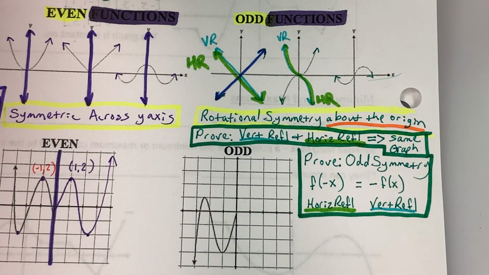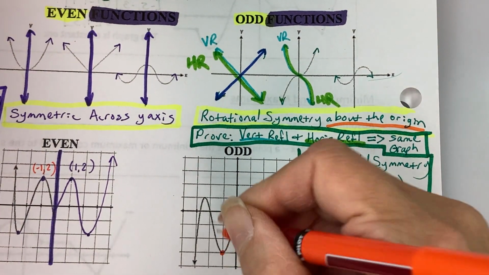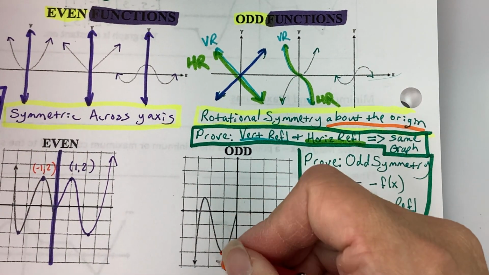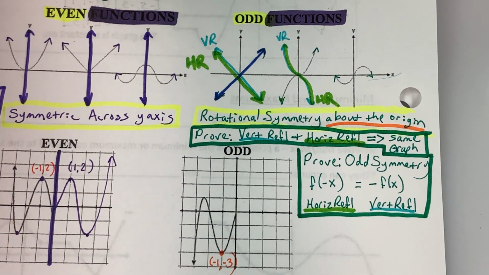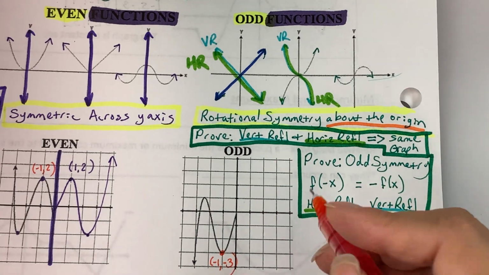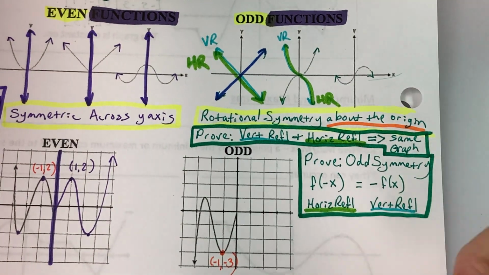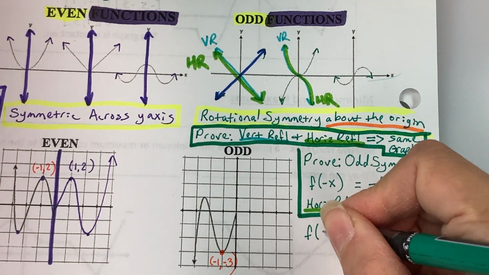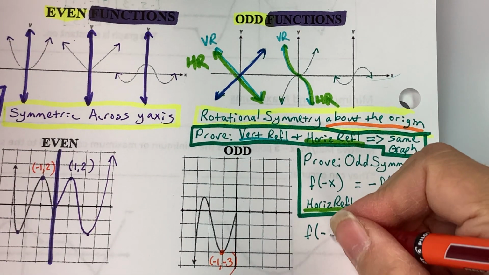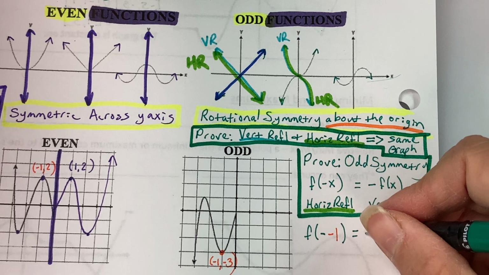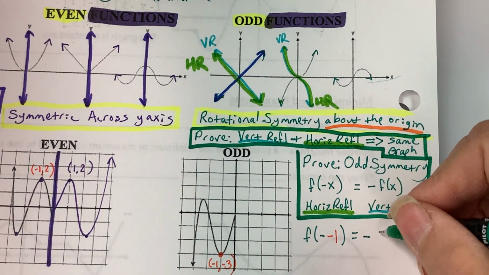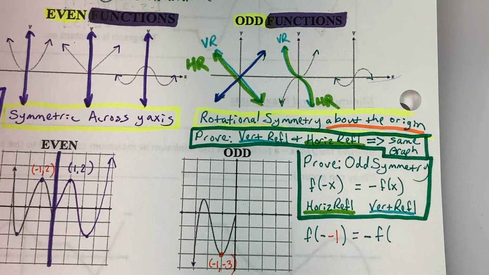All right, so to show this with a point, I'm going to go ahead and put this as -1, -3. Now, if I put in -1 for x, then f of -1 should be equal to negative f of 1.